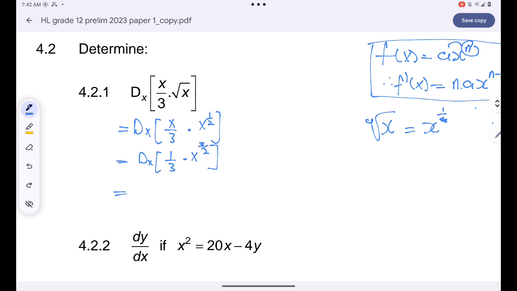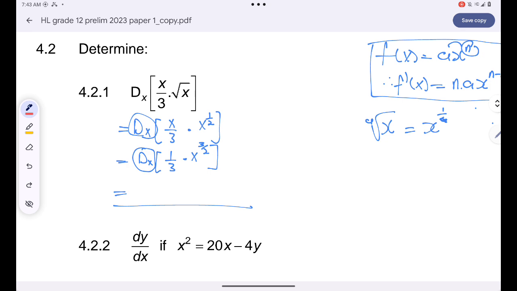And please note, guys, that before I find my derivative, I will keep on writing this statement of mine, because this notation is the one that reminds me that I need to determine the derivative. If now I'm finding the derivative, I do not need to write that statement, because I have found the derivative.